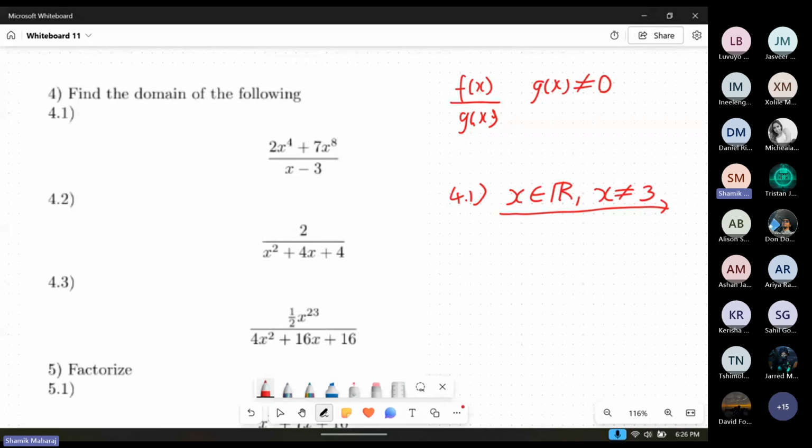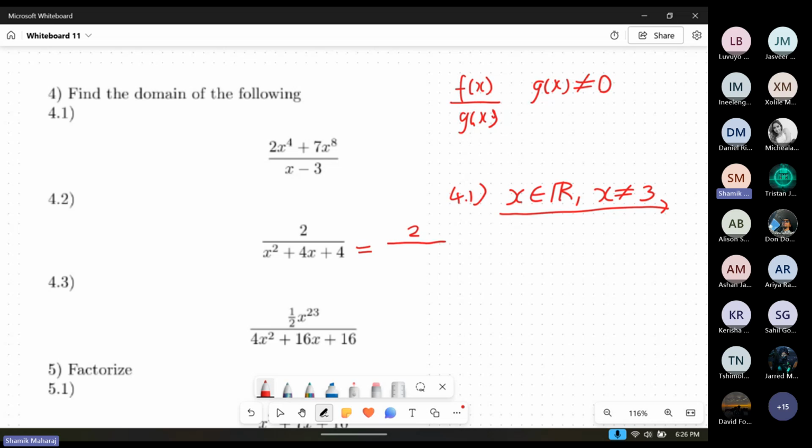So 4.2 takes a little bit of doing because you have to know how to factorize here, and I'd recommend you guys please look up how to factorize if you're not sure how to do it. There's a lot of videos to help you with that, and I'll try and make one as well and upload it for you guys. But yeah, we might not have time.